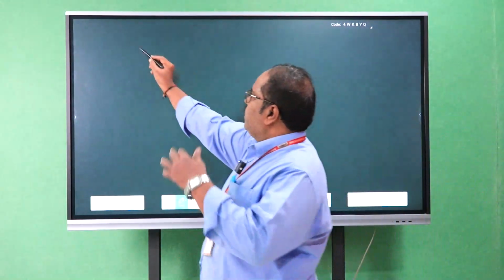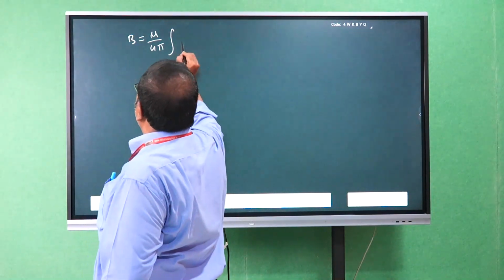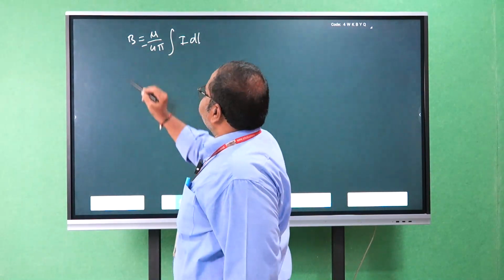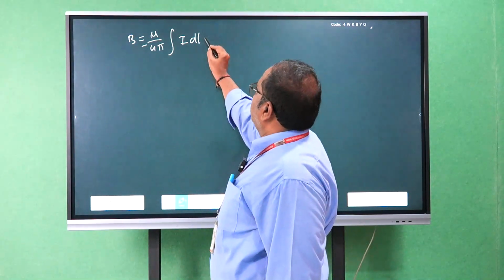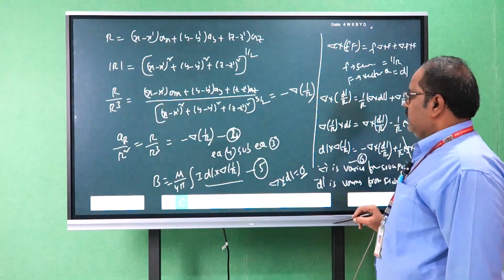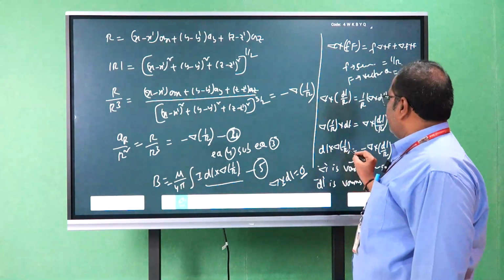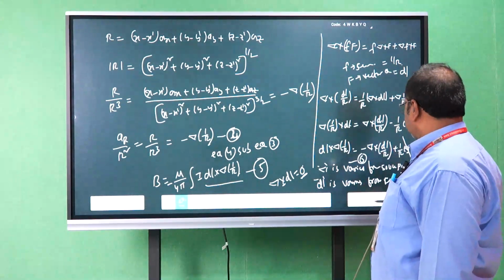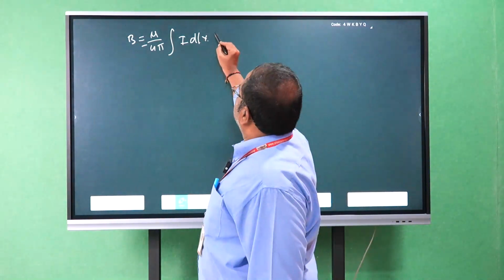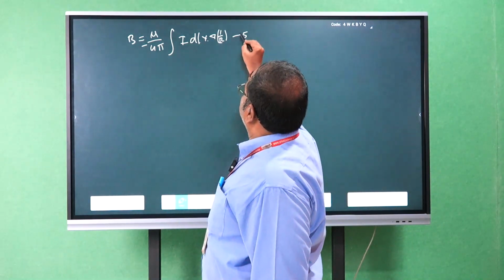B is equal to mu by 4 pi integral of I dl cross del(1/r).